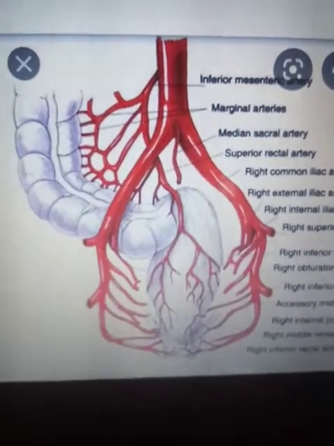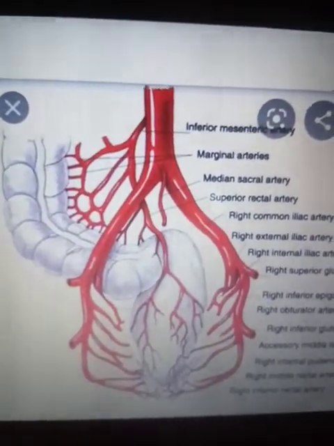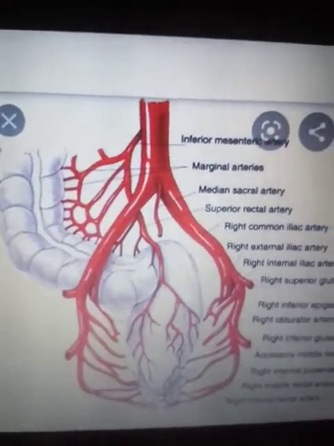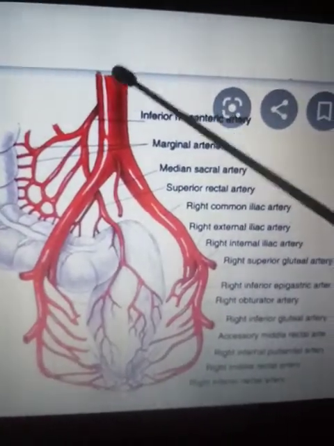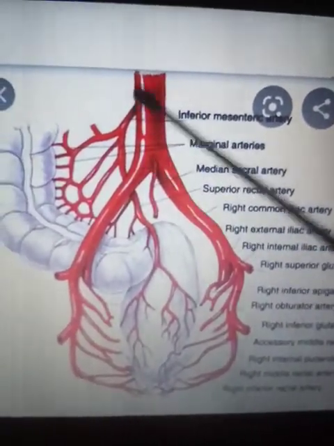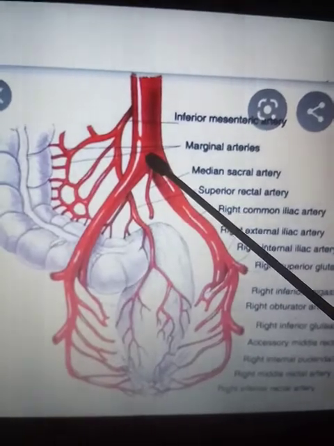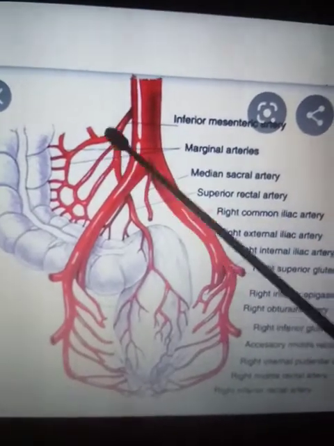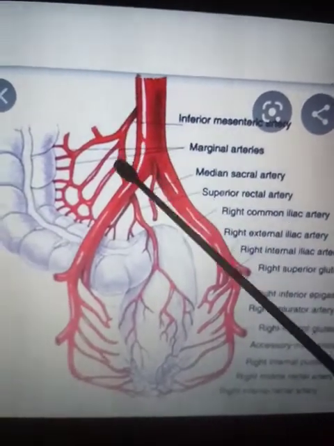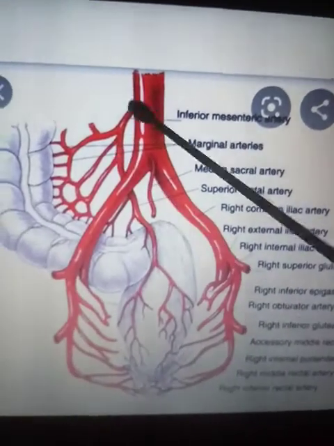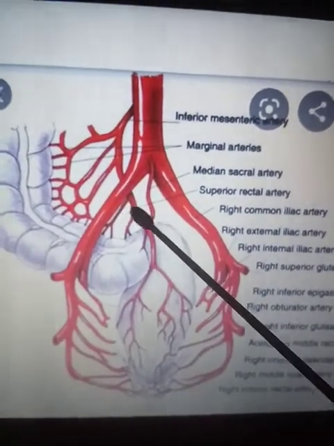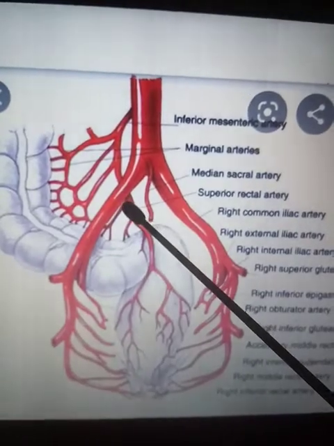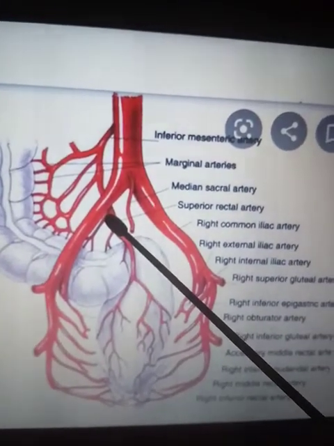For the blood supply of the rectum, which is very important, you all must go through it very keenly. This is your aorta, the main vessel of the abdomen. From this comes the inferior mesenteric artery. The inferior mesenteric artery gives a branch called the superior rectal artery, which supplies the rectum.